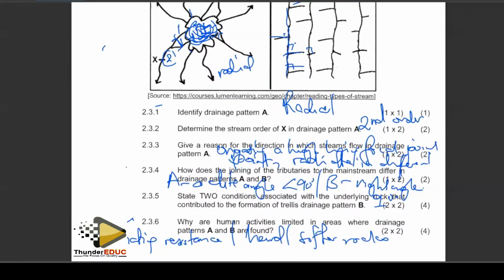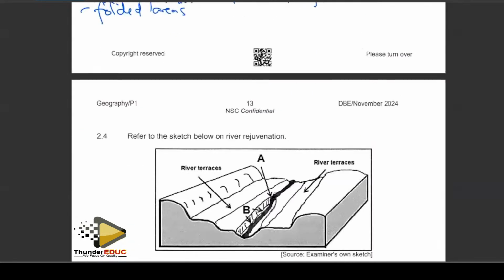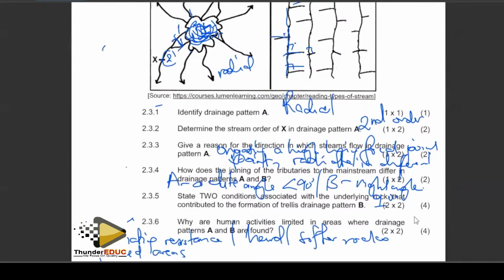And also, where is it likely to form? In folded areas, which are typically exposed to tectonic upliftment.